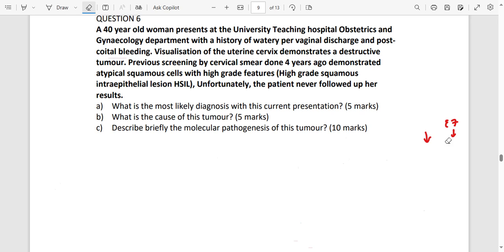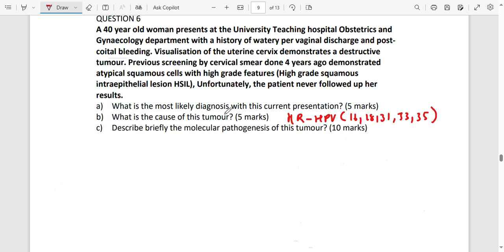Okay, as we said, the biggest cause is high risk HPV. Which ones are those? 16, 18, 31, 33, 35. But more commonly, you are going to hear of 16 and 18.